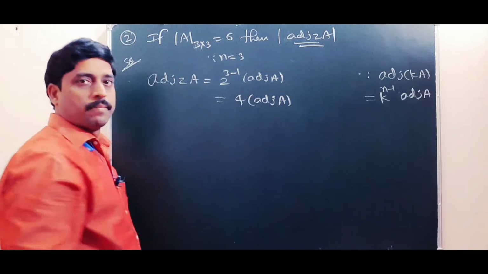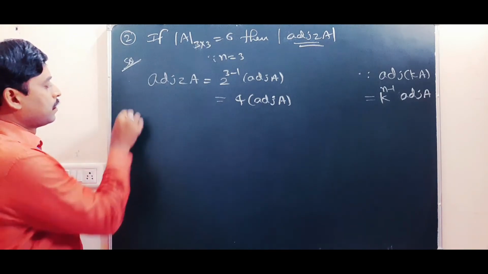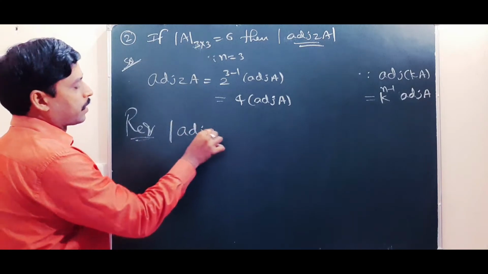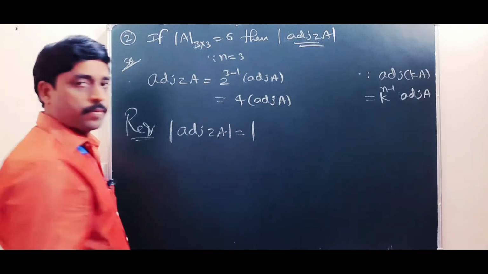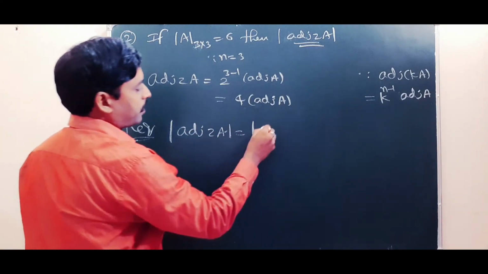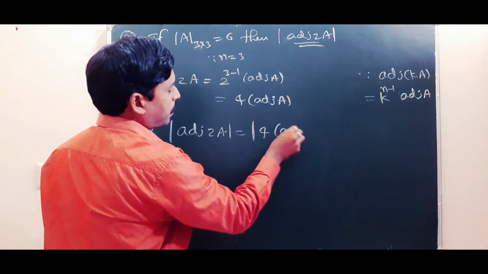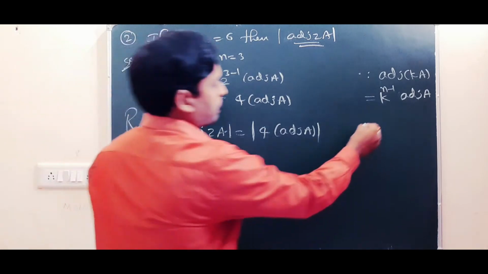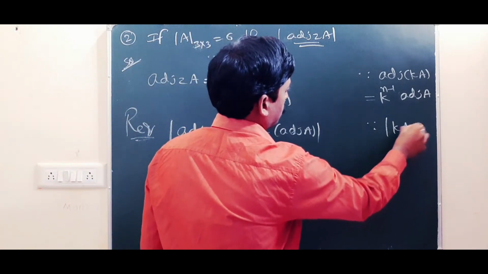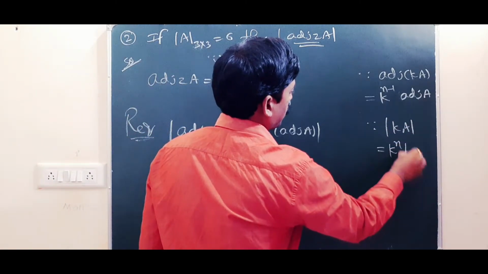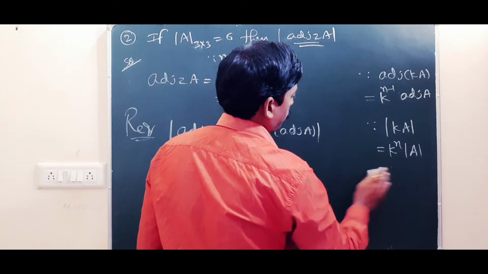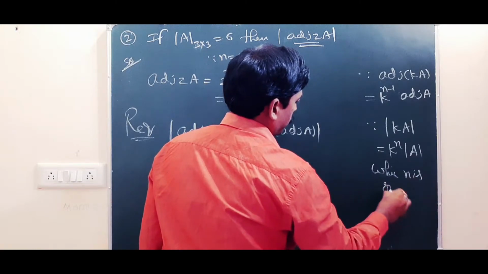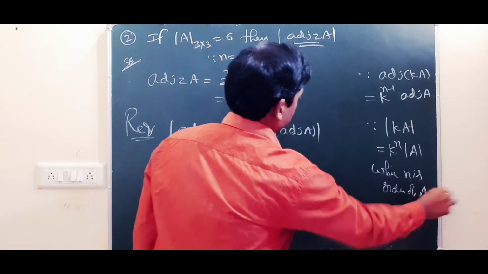But what is required is determinant of adjoint of 2A, and we have got adjoint of 2A as 4 times adjoint A. We have one formula: determinant of kA is equal to k to the power n into determinant A, where n is the order of the given matrix.